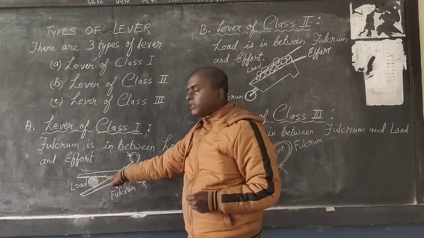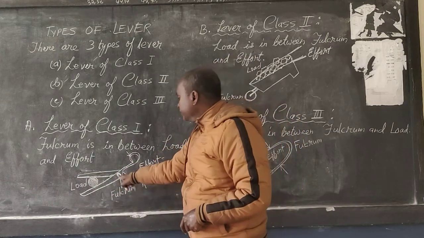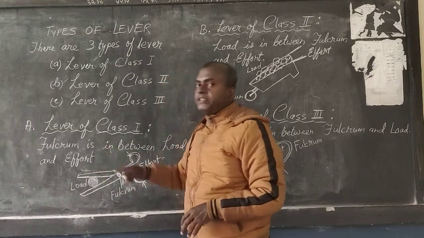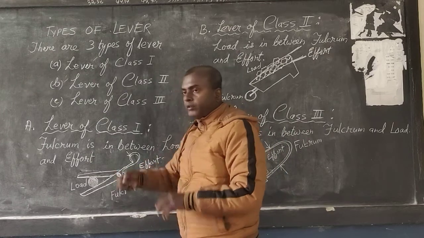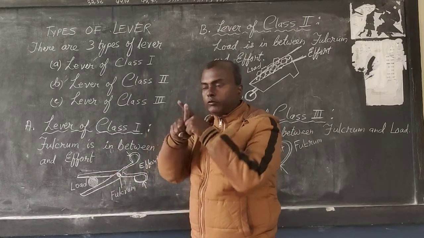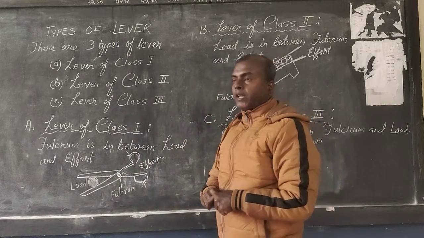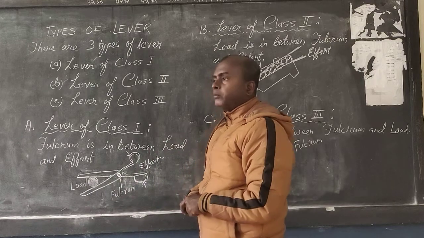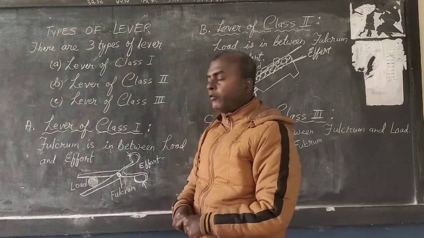So the object on which the scissor is working, that object will be the load. And this screw holds the two blades of the scissor. So the scissor is free to move about this screw. The screw is holding the two blades, and also the support that the scissor gets is from the screw. If the screw is removed, the blades will fall apart.